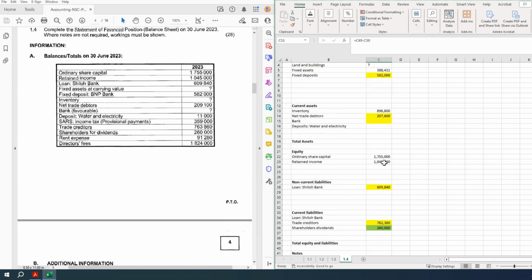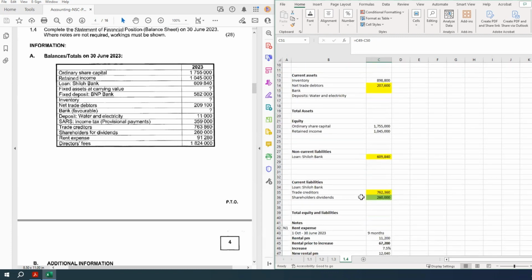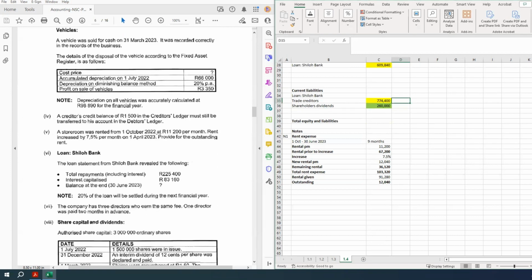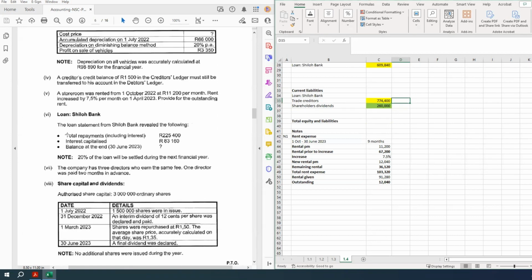So I then need to go back to my balance sheet and the trade creditors and add on my rent for the 1 month that's outstanding. So that's now added there. Happy with that so far. So we've then dealt with the storeroom, and then we're going to move on to the loan from Shilo Bank.